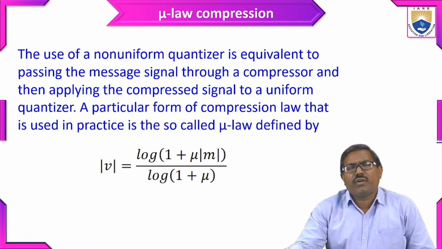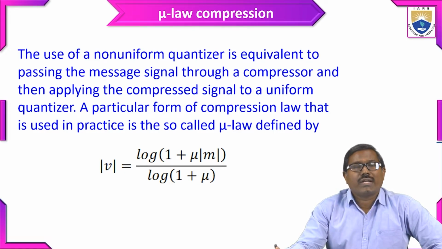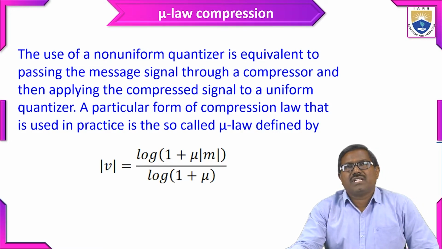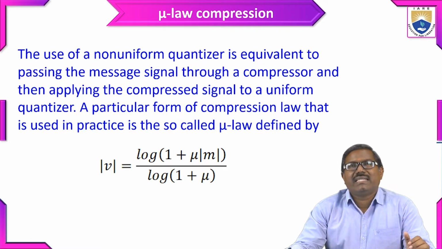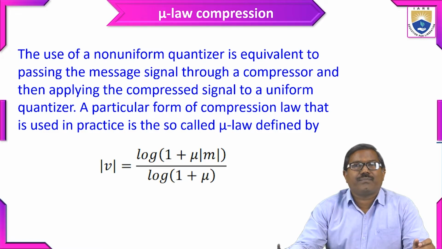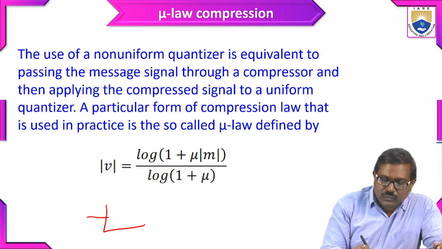The non-uniform quantizer does not exist in reality, but we design an equivalent by passing the message signal through a compressor and then applying the compressed signal to a uniform quantizer. So here I am using a compressor.